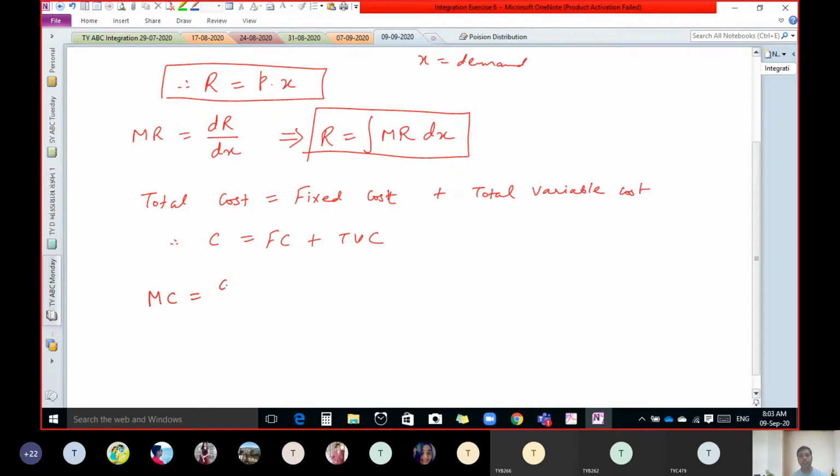So marginal cost is nothing but the derivative of total cost. This implies if we integrate marginal cost with respect to X, we get total cost. So if marginal revenue is given, if we integrate, we get revenue. If marginal cost is given, if we integrate, we get total cost. So you can say that it is the application of integration in the field of economics or commerce.